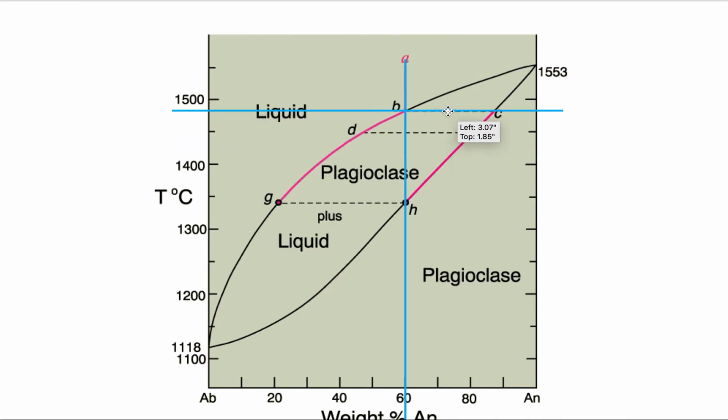But if you go to 1450 degrees, where we know the system is completely liquid, notice that this dashed curve BC is entirely to the right of the bulk composition. If we come down to H at 1340, we know the composition is completely solid, and so this dashed line G to H is completely to the left side of the bulk composition.